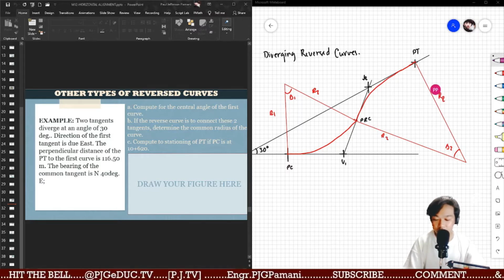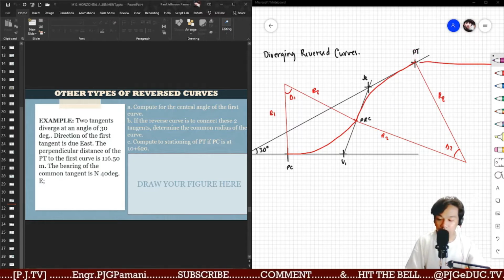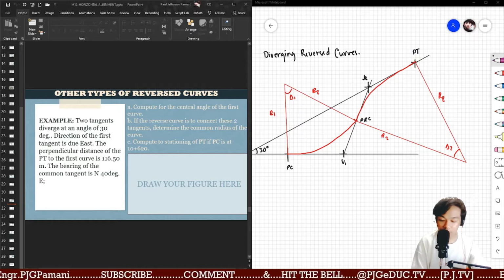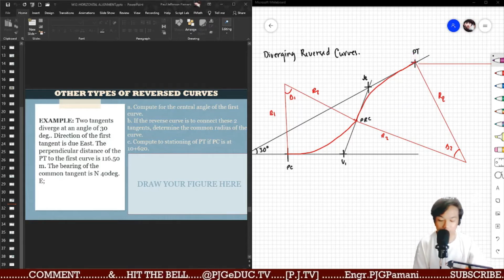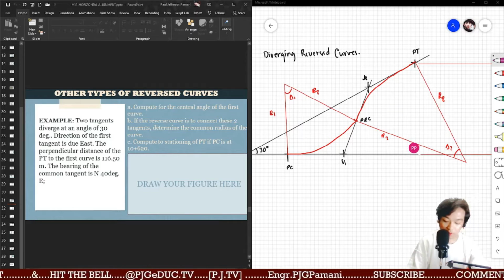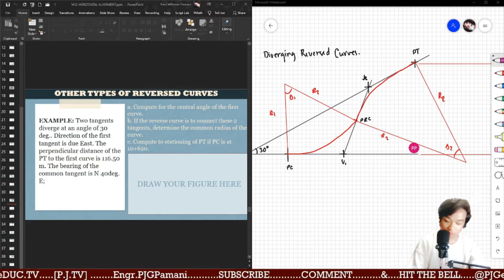So sabi niya, the perpendicular distance with PT and the first curve is 116.50.